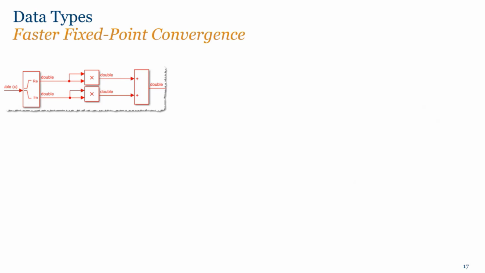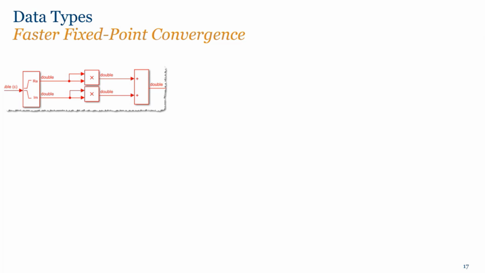So usually in Simulink, you will be modeling by default by using a floating point data type, right? It's in double, but we all know that's not very efficient for hardware. So we'll need to converge to a more realistic and efficient representation, that is the fixed point conversion or the fixed point data type.